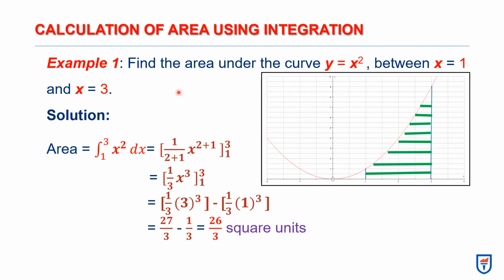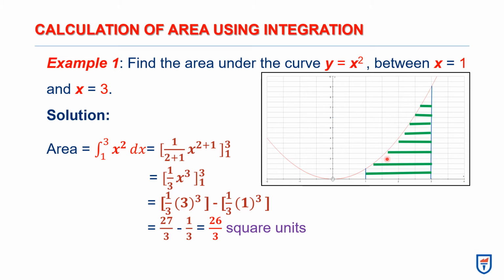Let's look at calculation of area using definite integral. Here we have an example that says find the area under the curve y equals x squared between x equals 1 and x equals 3. The question is asking for the area covered between the x-axis and the graph of y equals x squared.